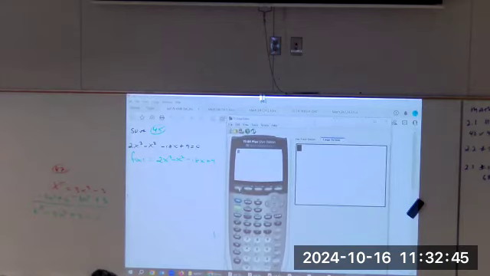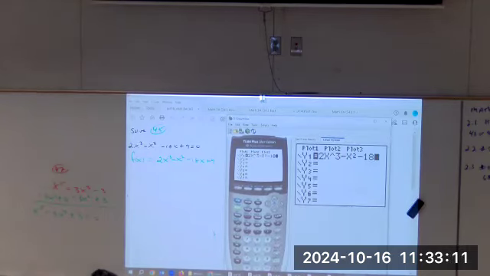We're going to plug in y sub 1 is 2x to the third power minus x to the second power, minus 18x, and plus 9.